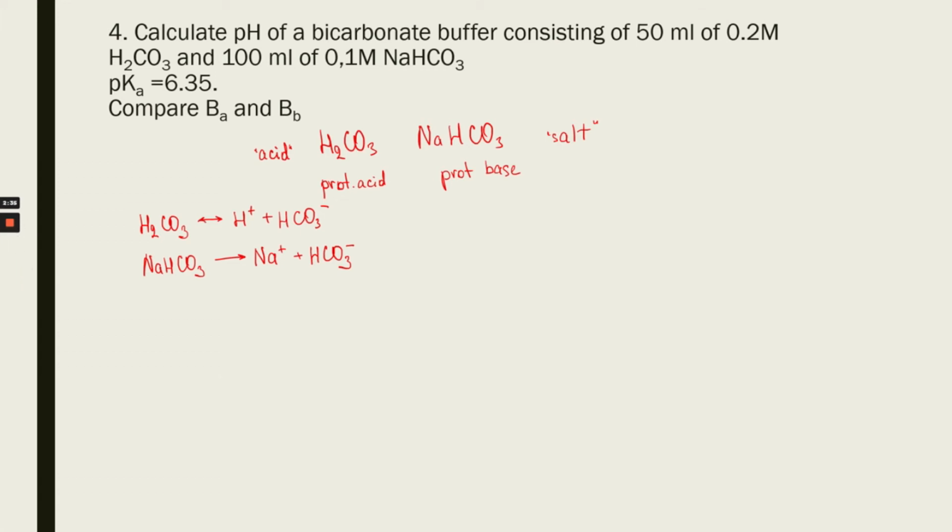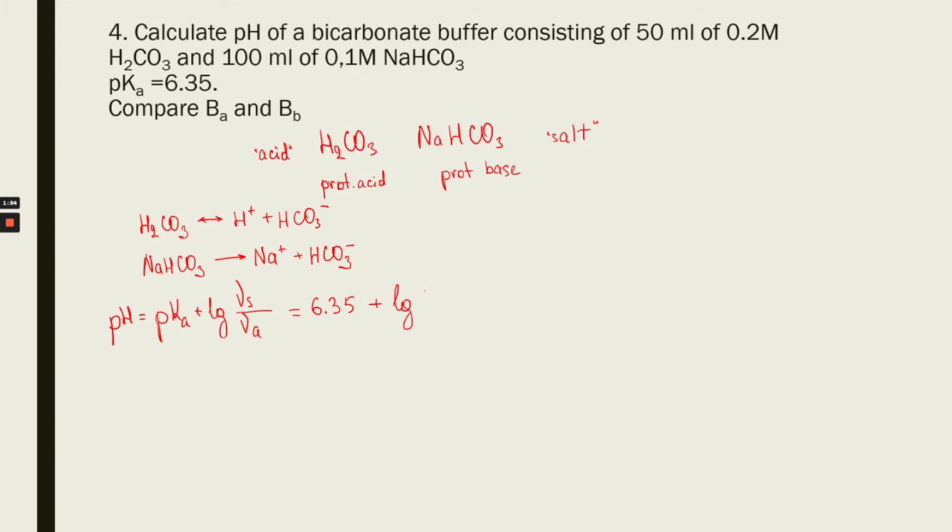Now let's write the formula for determination of pH. pH is equal to pKa plus logarithm of the number of moles of salt divided by the number of moles of acid. And here I will put the number 6.35. It is given. Plus logarithm. The salt is NaHCO3, and we know that there is 100 milliliters of solution with concentration 0.1 mole.